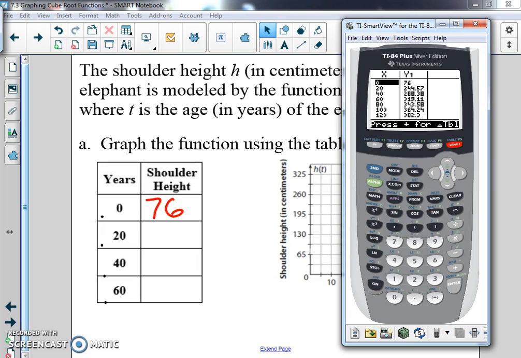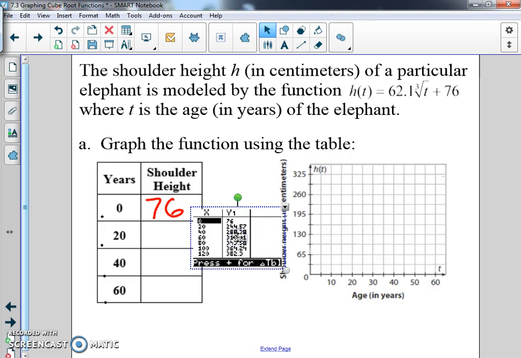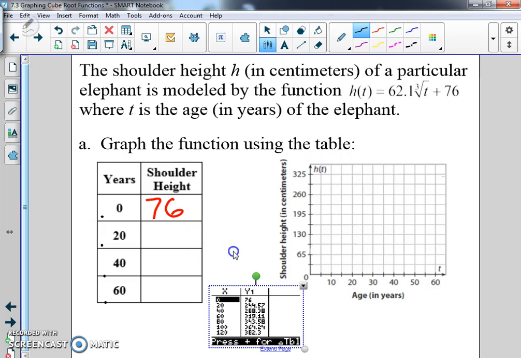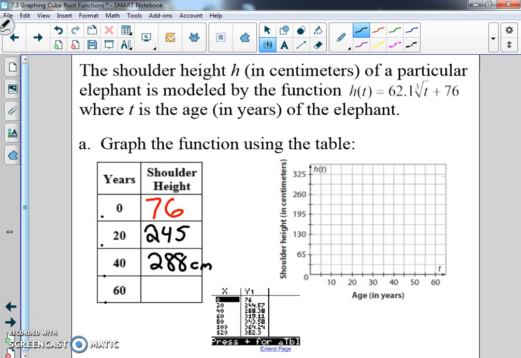So at 20 years, we're at approximately 244. We'll round it to 245 centimeters. At 40 years, we're going to be closer to 288 centimeters. And at year 60, we're going to be close to 319 centimeters.